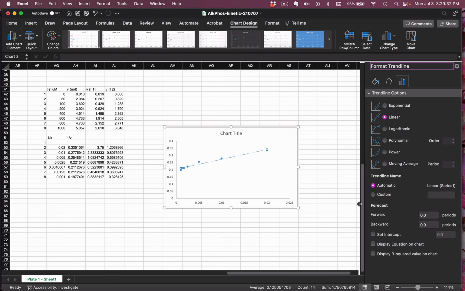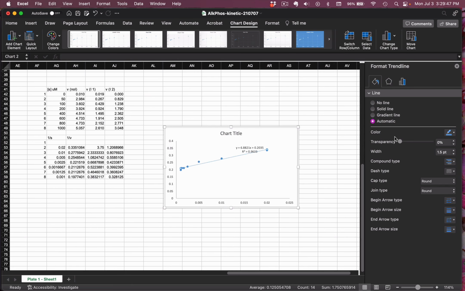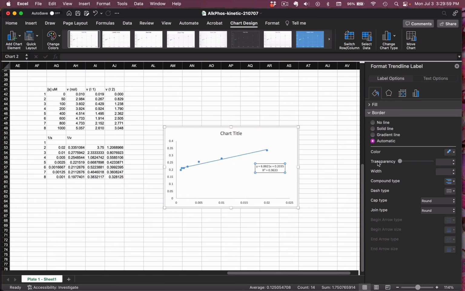We want to display the equation on the chart. We also want to display R squared. You can change what the line looks like by going to the fill, and usually we want a solid line, so it's going to look something like that. You can move this down out of the way in this case. You can change the color of your line as well if you want.